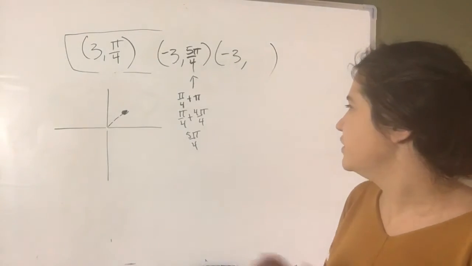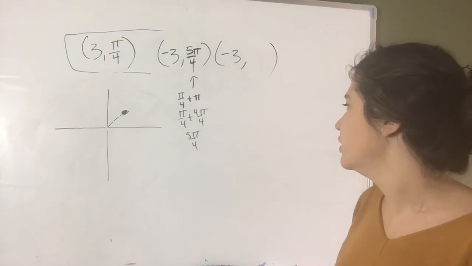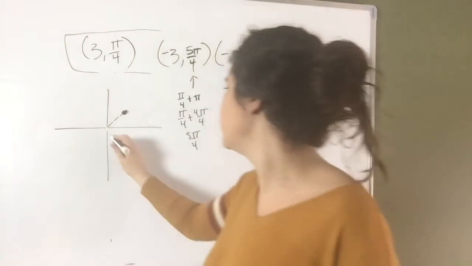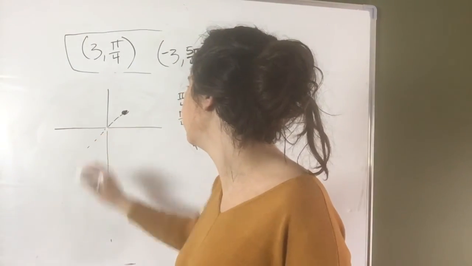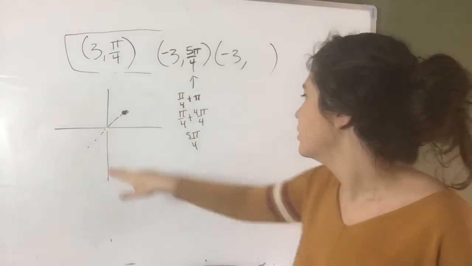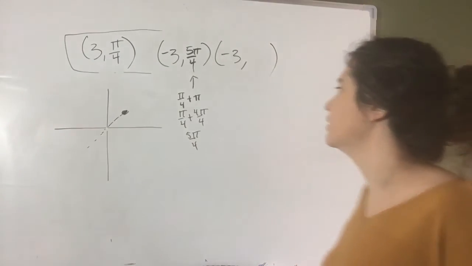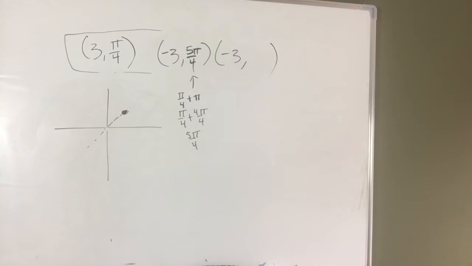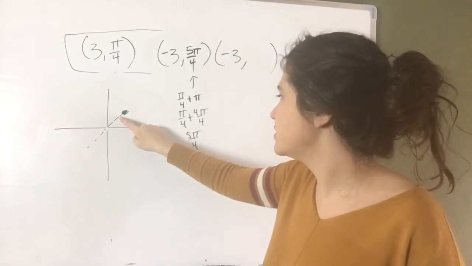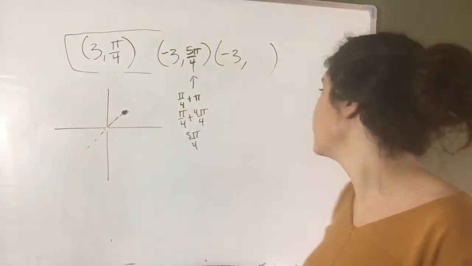Okay, now let's try to come up with another one that would work. Basically, we just need another representation of this angle down here. So, what if we took pi over 4 and we subtracted pi from it?